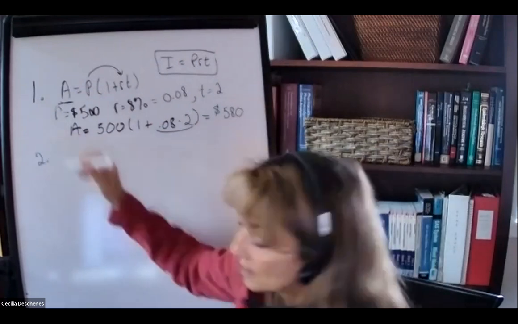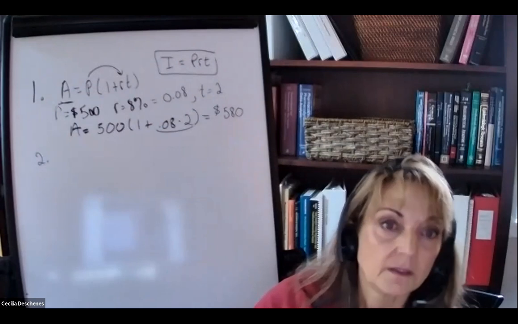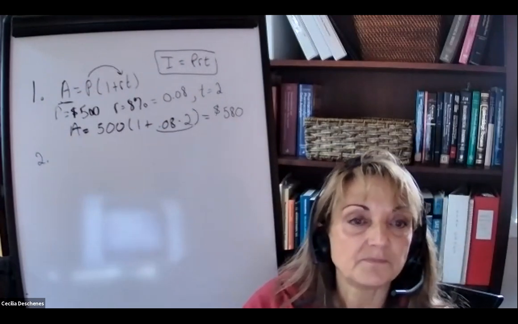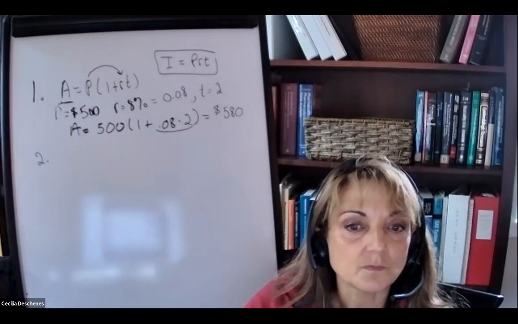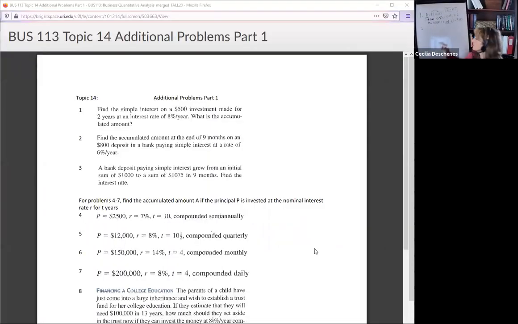Okay. The second problem was: find the accumulated amount at the end of 9 months. So our time is 9 months, and I'm going to convert that to years.